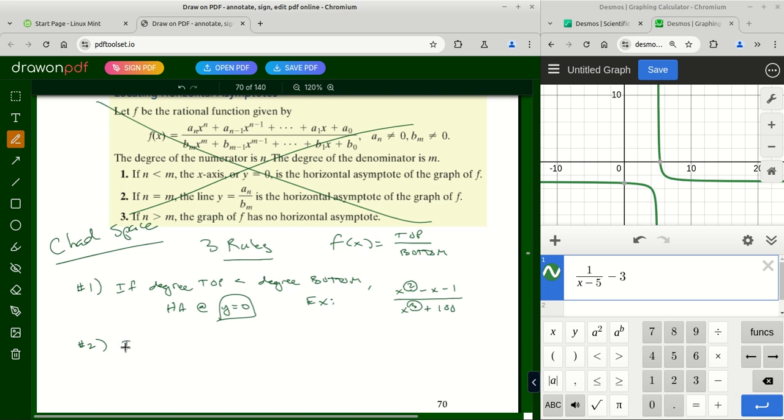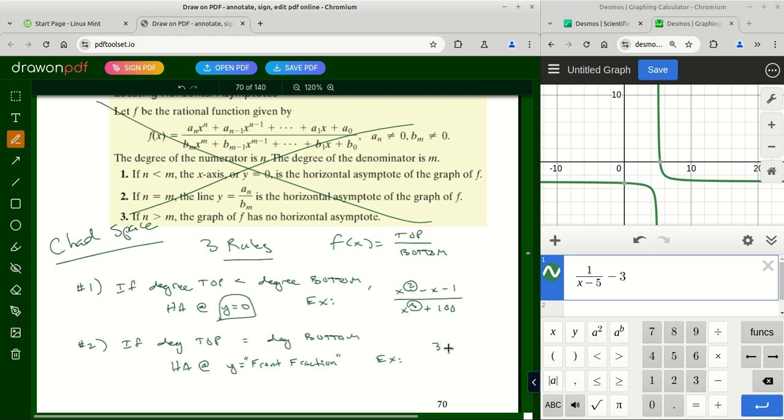Rule number 2, if the degree of the top is equal to the degree of the bottom, what do I do then? Horizontal asymptote is at y equals, and I call this the front fraction. So, as an example, here we go.